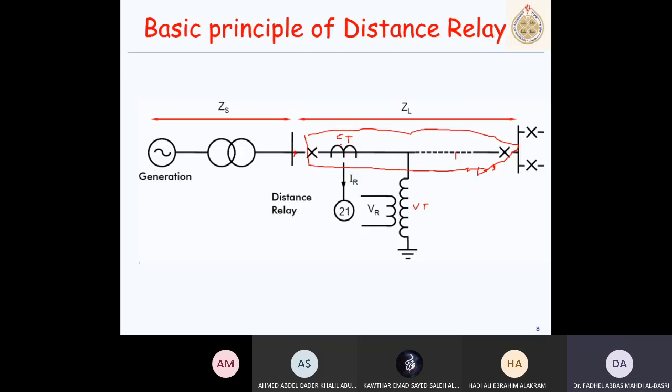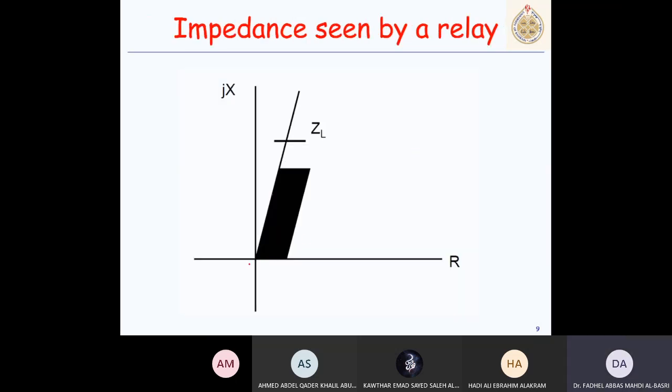Let's say this is bus A, and this is bus B, and this is Z line. This is the bus A location on the XR plane, or we call it the impedance plane, and this is point B, the remote bus. This is the local bus, where the relay is located.